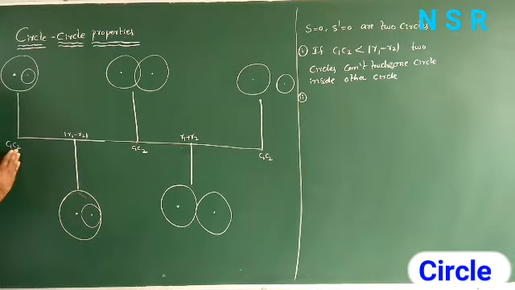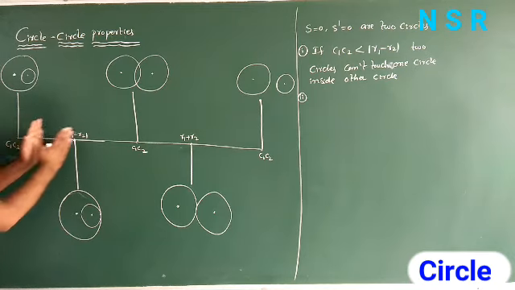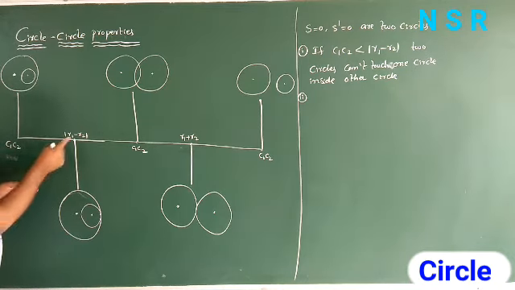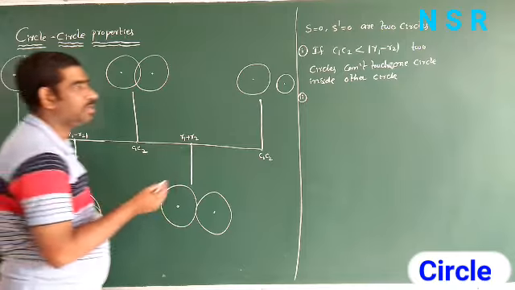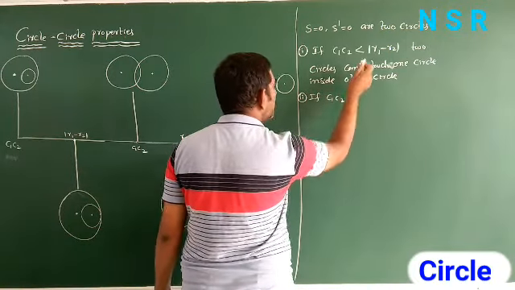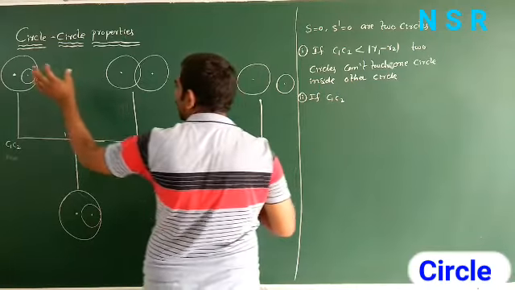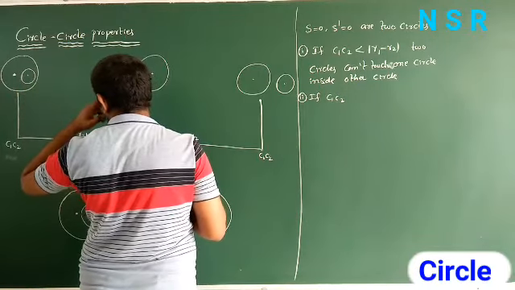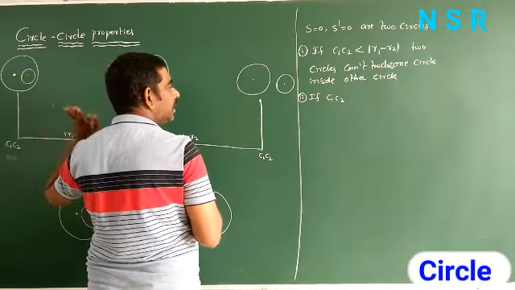Next, C1 C2 moves here. Now C1 C2 is equal to mod R1 minus R2. So this is the second condition. If C1 C2 is less, one circle is inside the other, okay, and these two circles cannot touch.